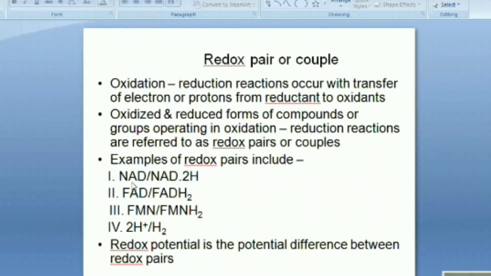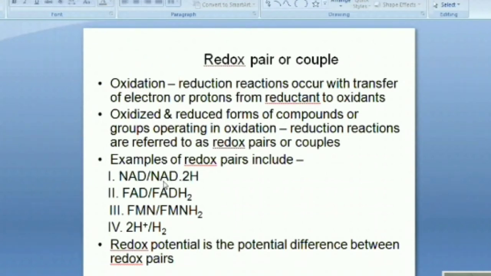Redox potential means the components of the redox potential include oxidized NAD. Suppose I am given an oxidized coenzyme and a reduced coenzyme. Here the oxidized coenzyme is, say, NAD, nicotinamide adenine dinucleotide, and the reduced coenzyme is NADH2.